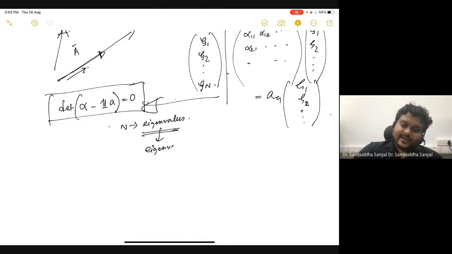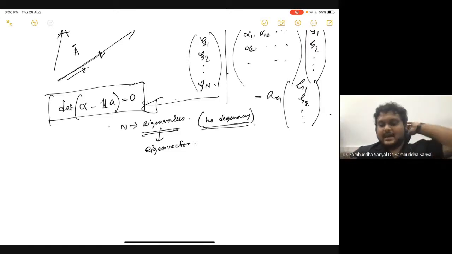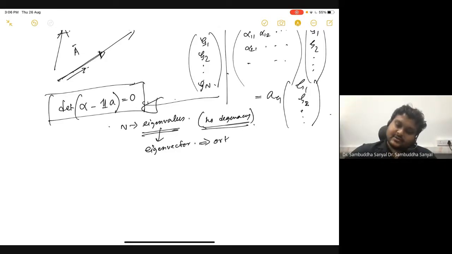Right now I am assuming there is no degeneracy. If degeneracy is there, some special thing will happen, which I'll talk about in a moment. So no degeneracy. Each eigenvalue will be assigned a unique eigenvector, and these are orthonormal.